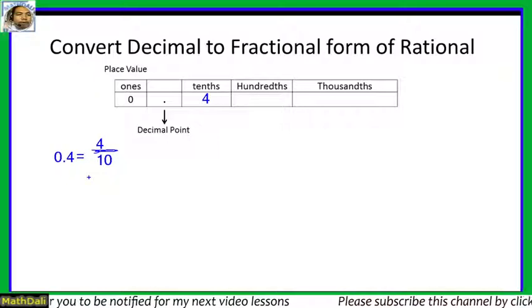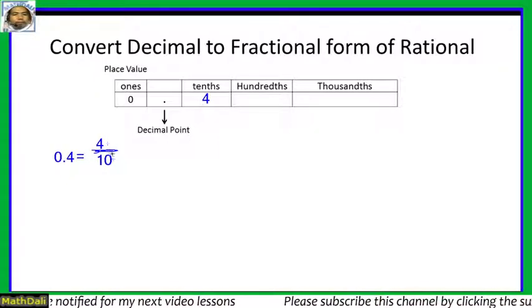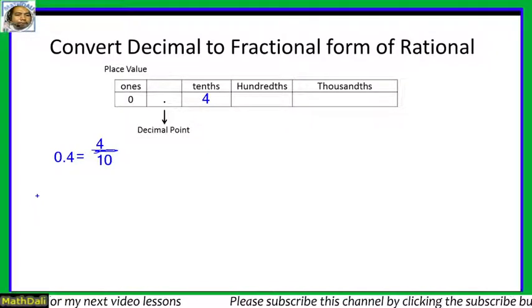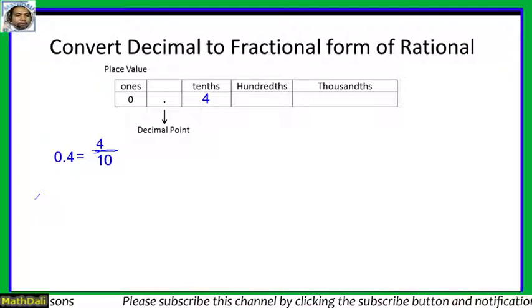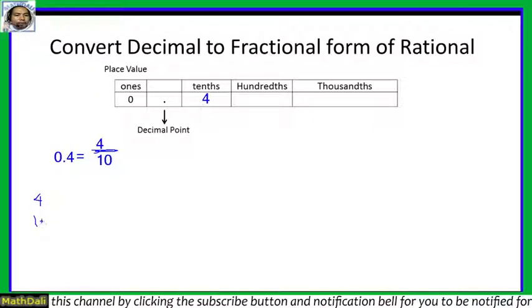Okay, para i-lowest term yan, kailangan marunong kayo kumuha ng GCF. So, ang GCF natin, if you still remember, yung prime factorization natin, yung factor ng 4 at saka yung 10. Kukunin natin yung mga common factors nito. Yan.